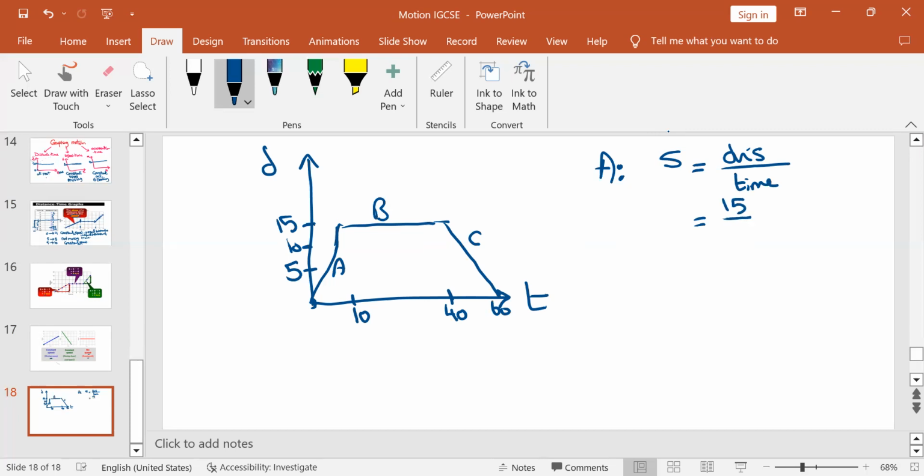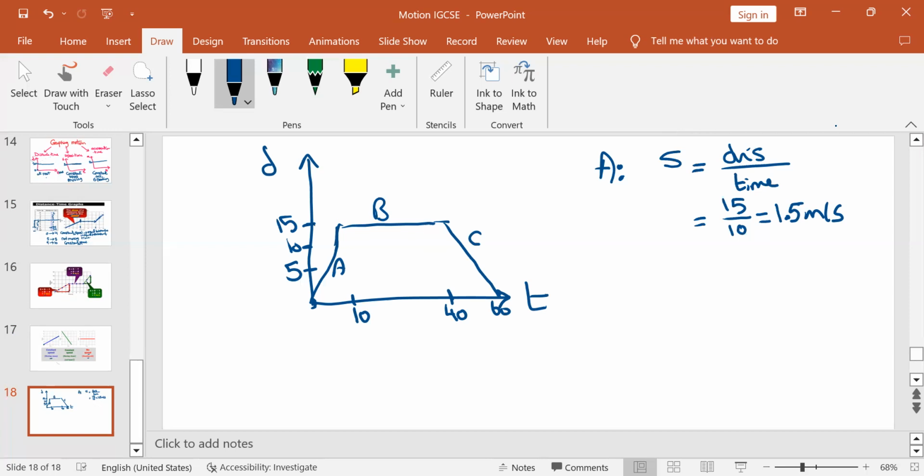Excellent. Over 10. So the speed will be 1.5 meters per second. So you calculated the speed.